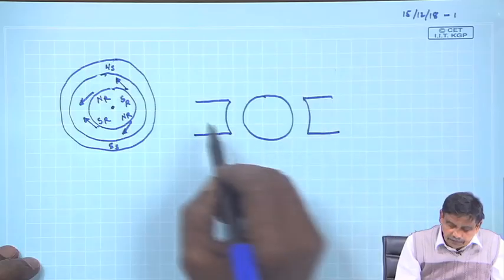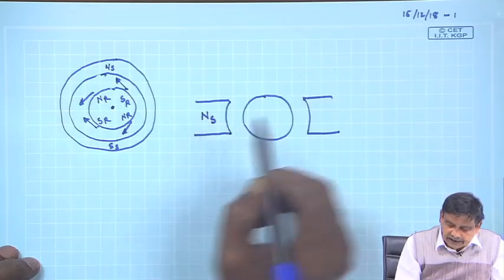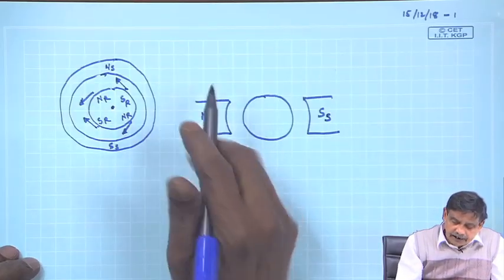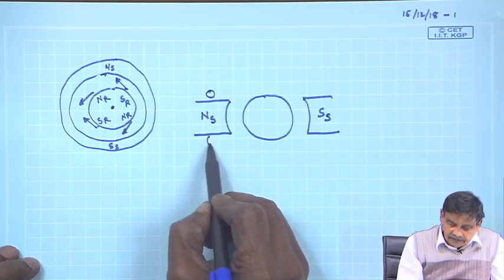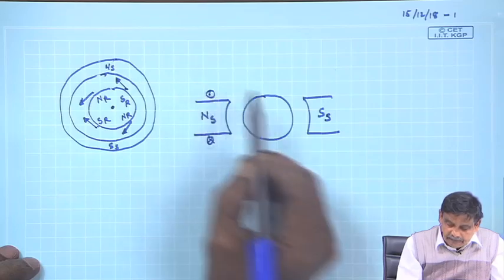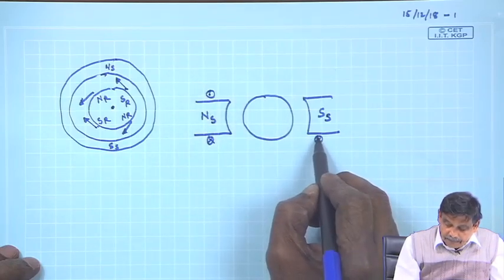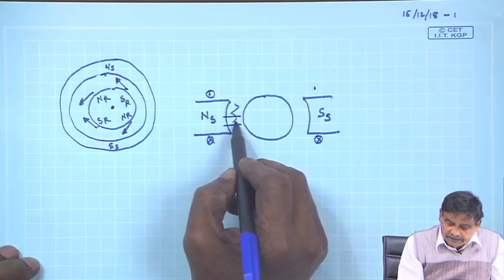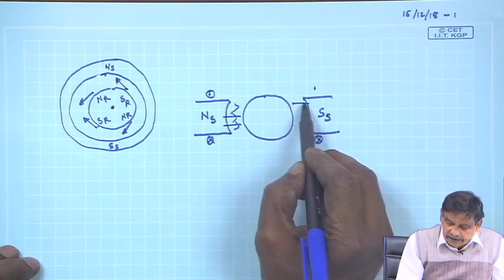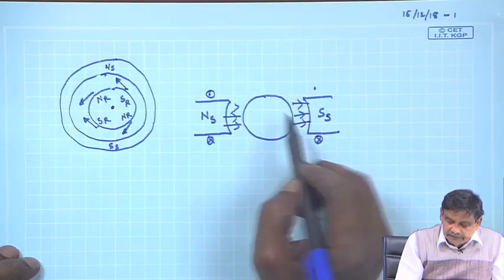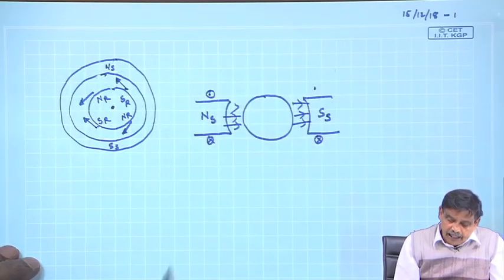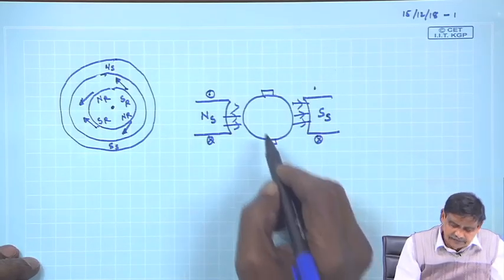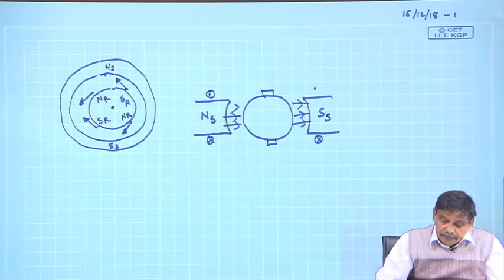These are the stator poles, NS, SS, created by field windings wrapped around them. So, lines of force will come out this way, and terminate after going through the iron of the rotor. In the DC machine, there are two brushes, these are the armature terminals.